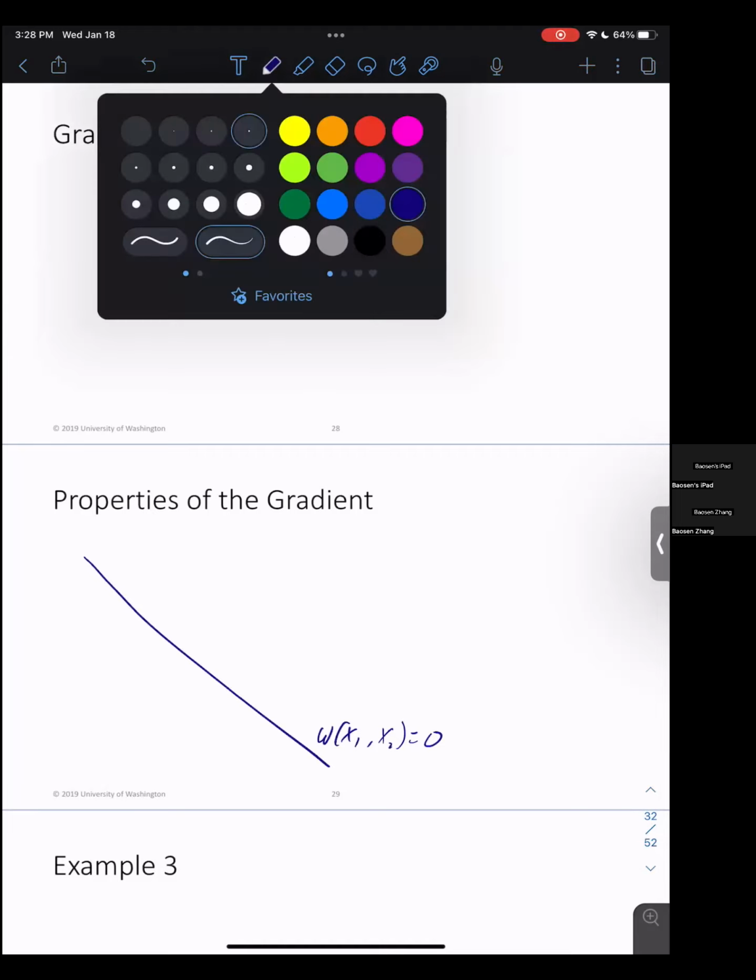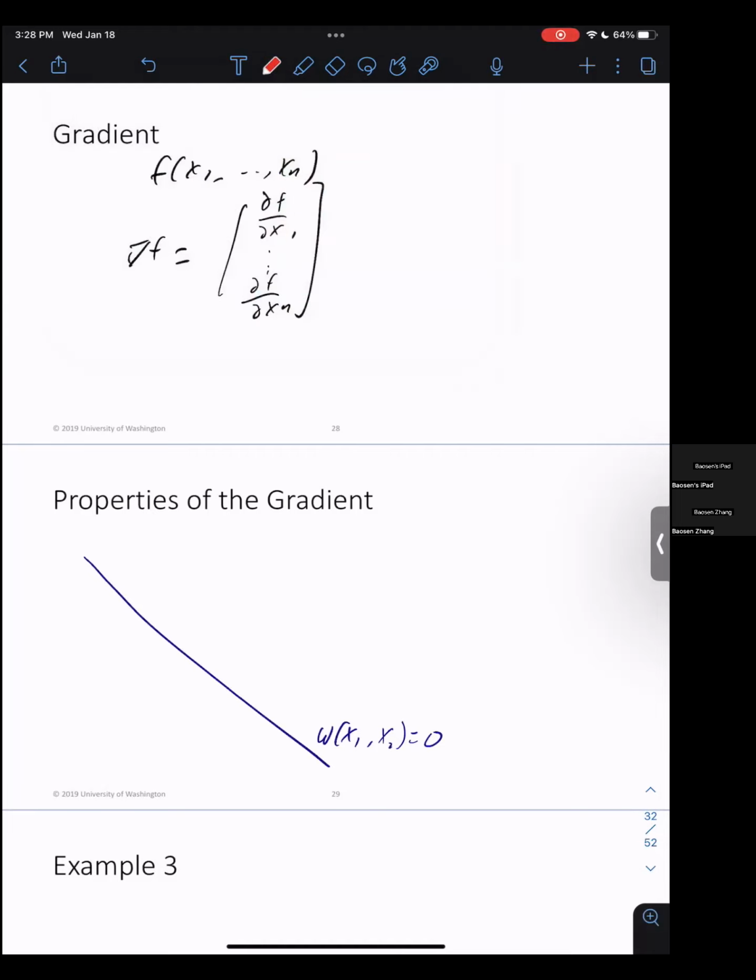What you're doing is computing the gradient at each point. So let's say at this point the gradient points this way, and at this point the gradient points this way. So the gradient is another vector that points in various directions.